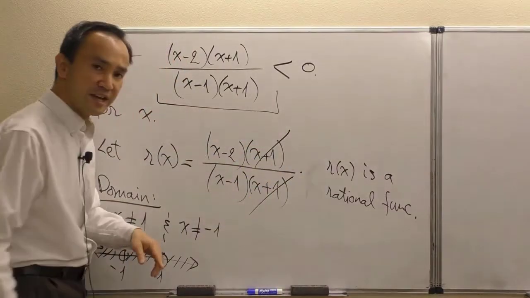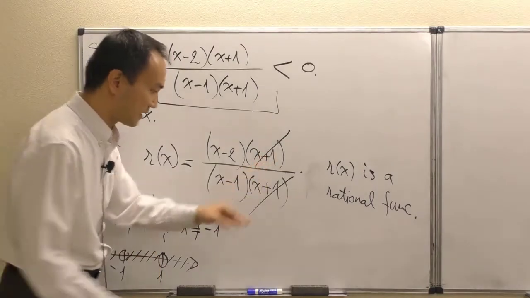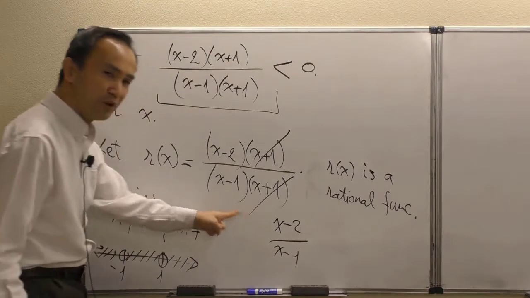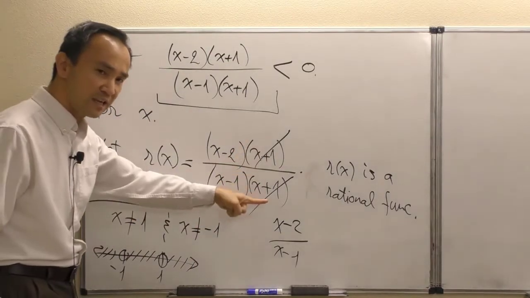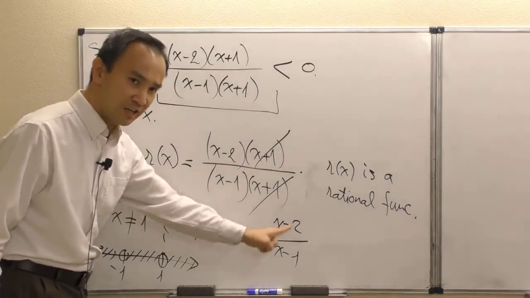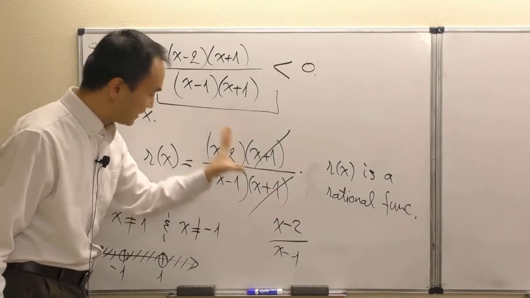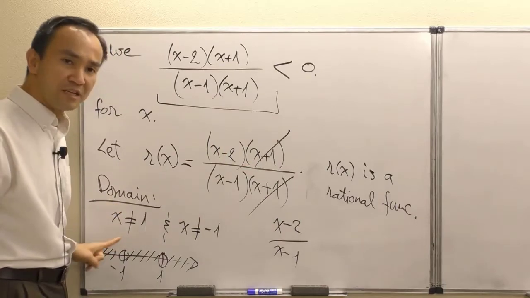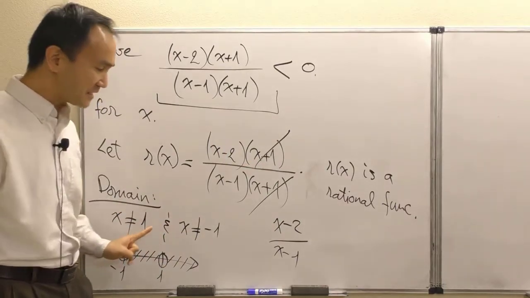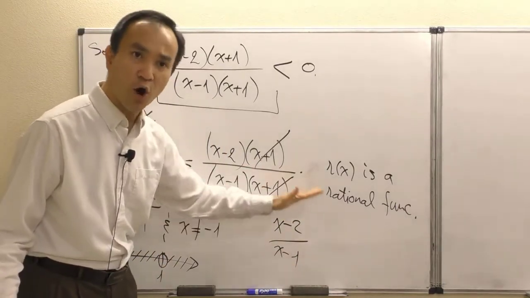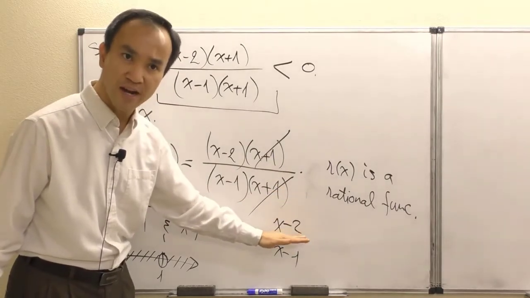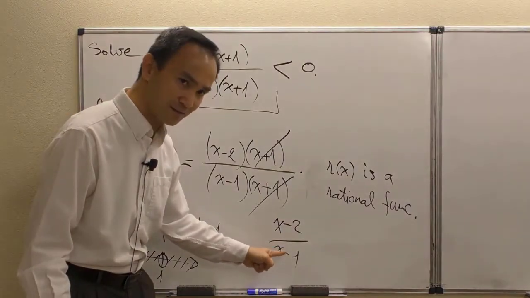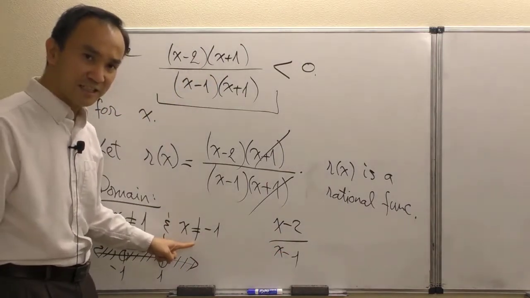If we rashly cancel that common factor x plus 1 away, then our function will become x minus 2 over x minus 1. If we find the domain after canceling this out, then this is in the end a different function. The two functions are only equal if we stay away from these two values. This function on its own has a domain of only anywhere not 1, but did not necessarily exclude -1.